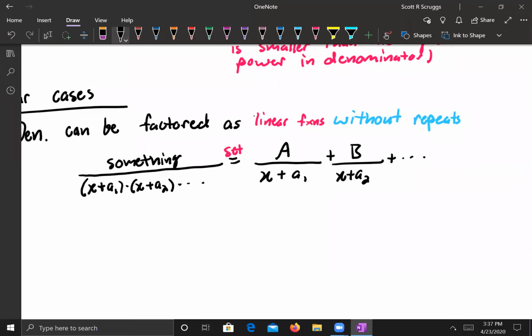Then I solve for those constants A, B, C, and so on. That's going to be my main goal, and once we solve for those constants, we can integrate.